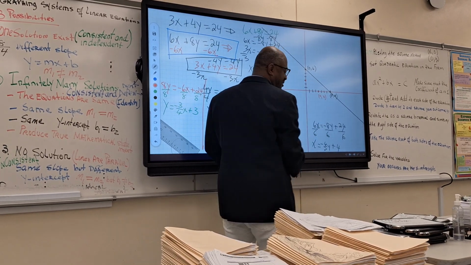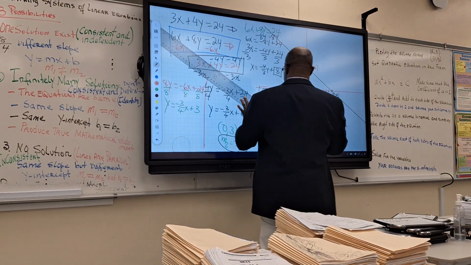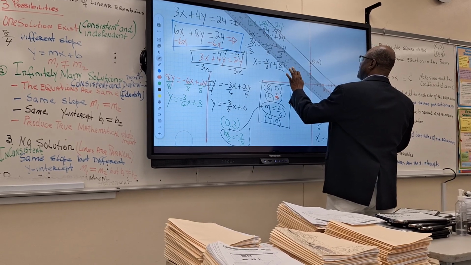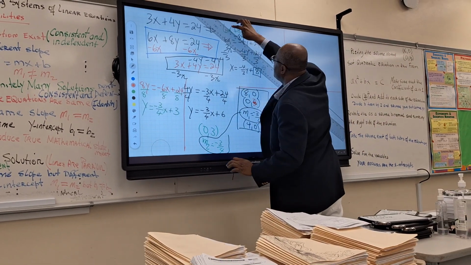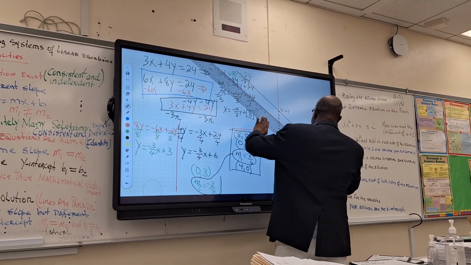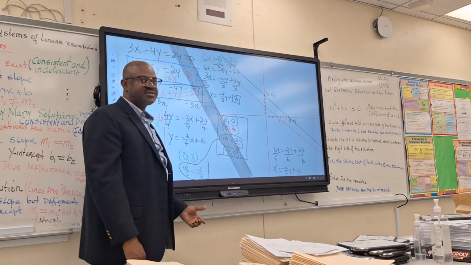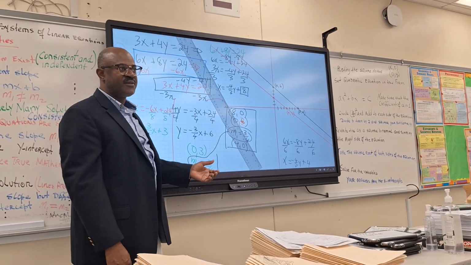Now the only thing you need to do is connect those 2 points, and you go. As you can see, they are parallel, they do not touch. Then there will be no solution to this problem. All right?